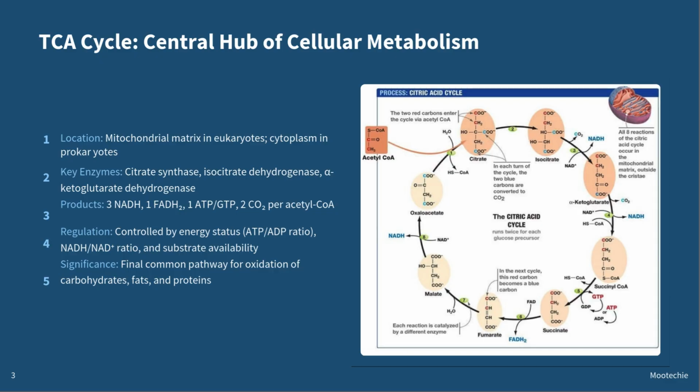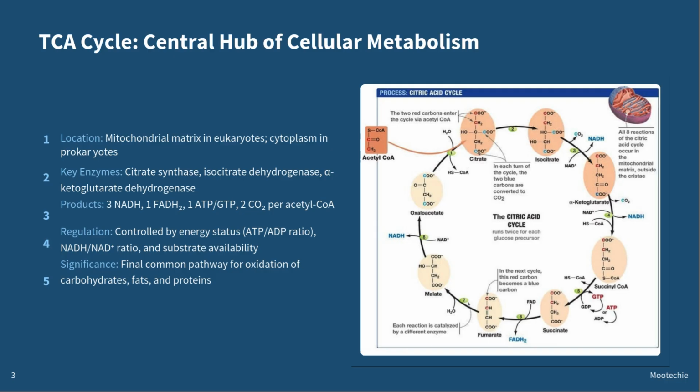The products are 3 NADH, 1 FADH2, 1 ATP or GTP, and 2 CO2 per acetyl-CoA molecule that enters. Its regulation is controlled by the cell's energy status, specifically the ATP to ADP ratio, the NADH to NAD+ ratio, and substrate availability. And its significance is profound. It is the final common pathway for the oxidation of carbohydrates, fats, and proteins.